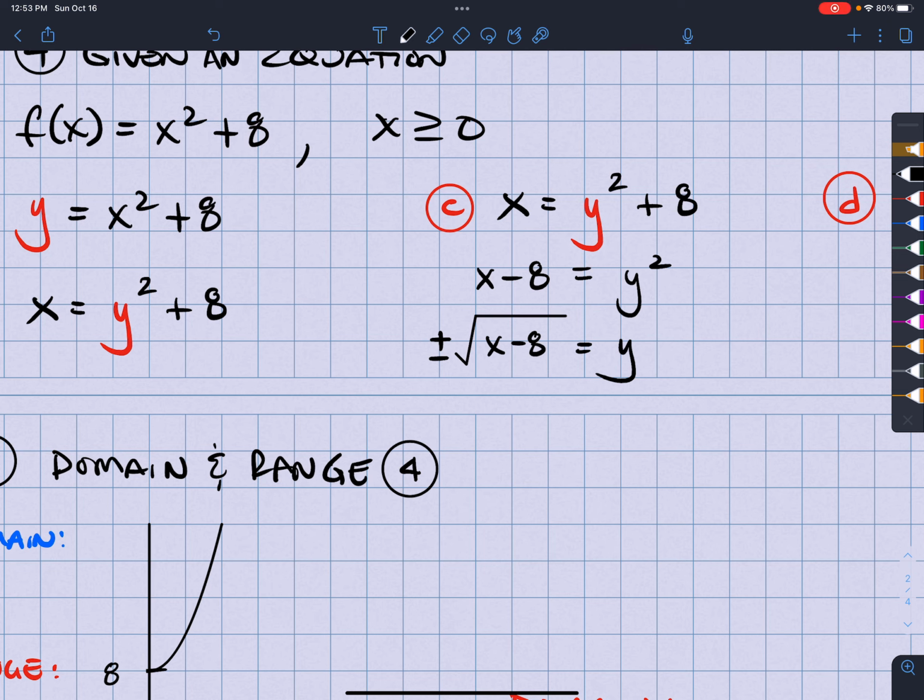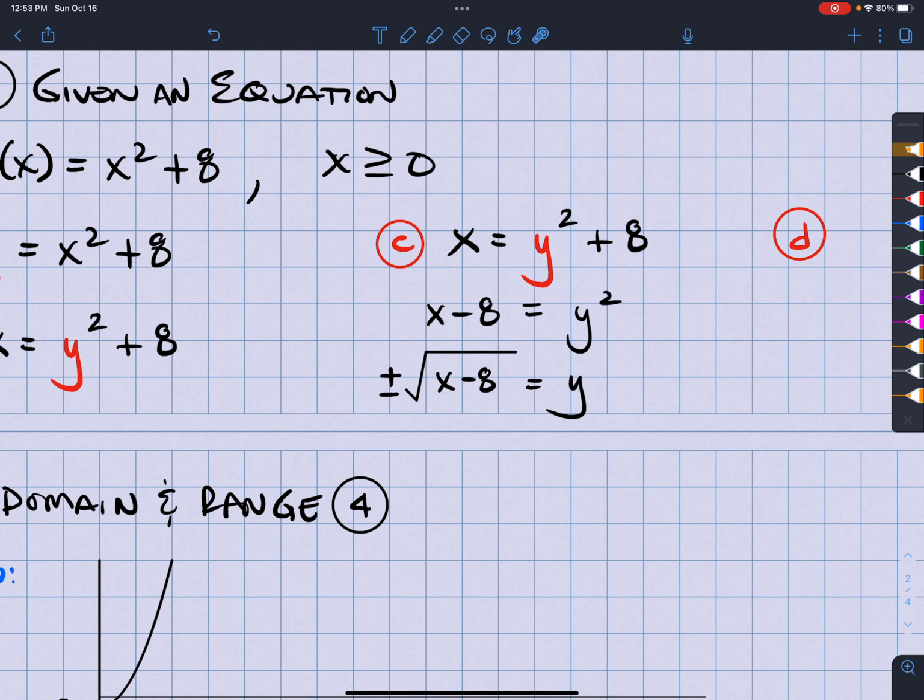Now, you've got to be careful with this, because, again, notice what this is saying. It's saying no negative x values, which means in this case, the negative side would go away.